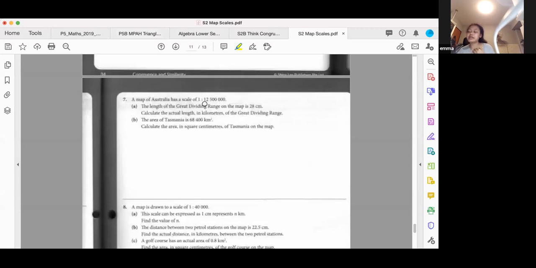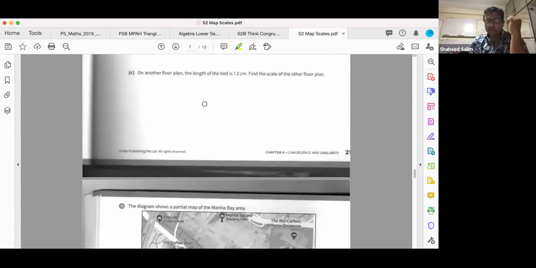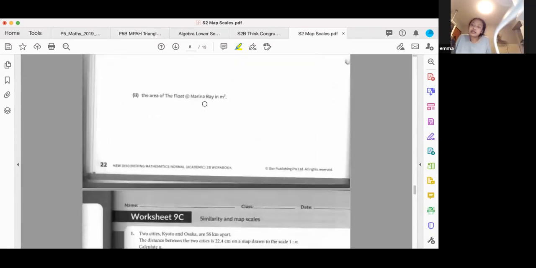Which page is this? 37 in Book B. Hold on. Let me see. 37. Wait, no, it's not the activity book.